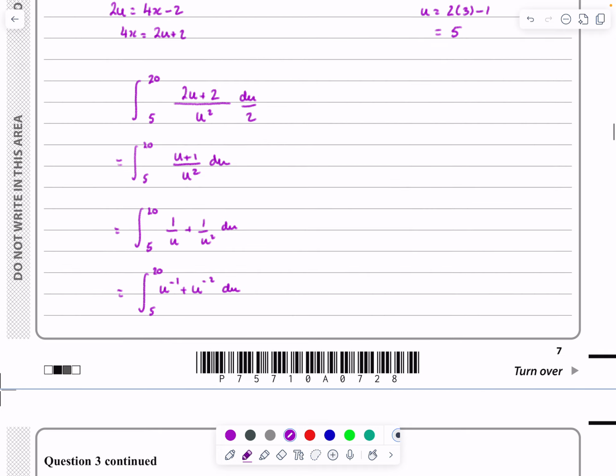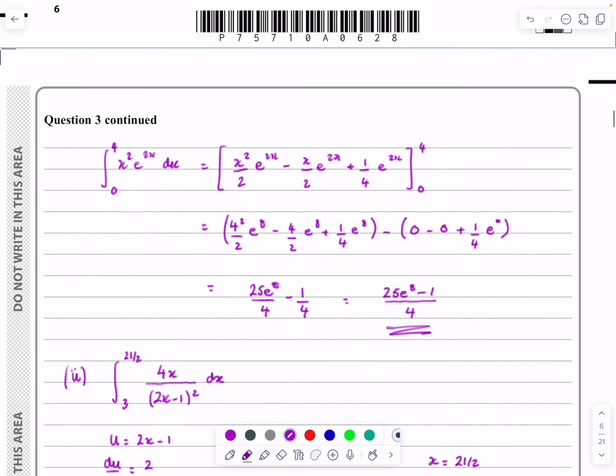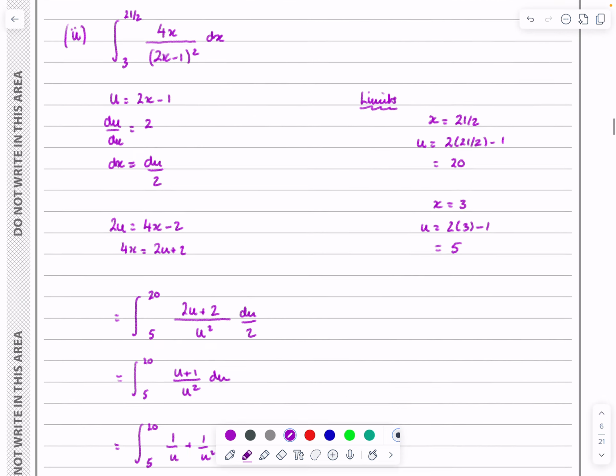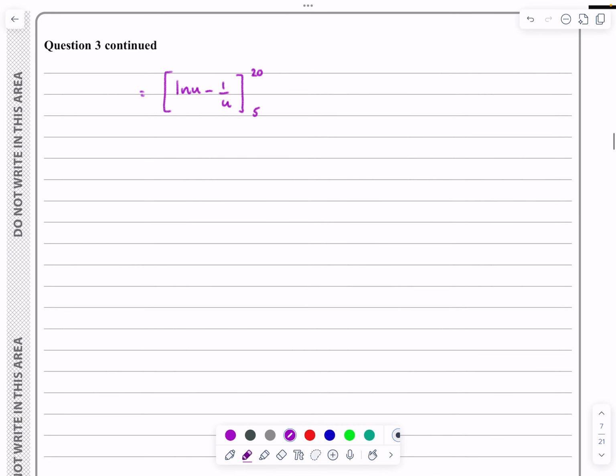Let's go back and see what they asked for it to look like, in the format of a plus log b. They can be a bit sneaky with this, so let's take our time and make sure we don't do anything silly. This is going to be log 20 minus 1 over 20, minus log 5 minus 1 over 5. There are no particularly complicated parts to that.